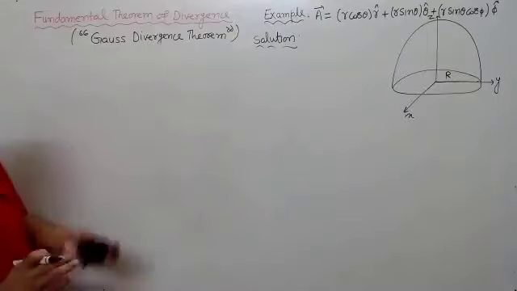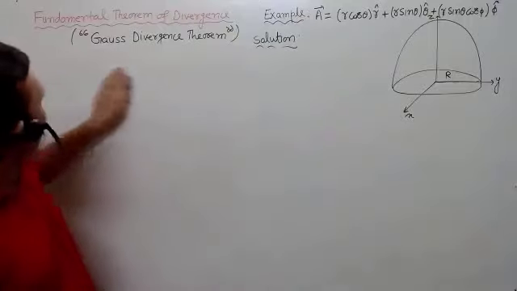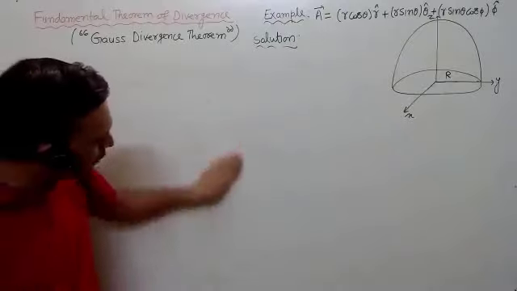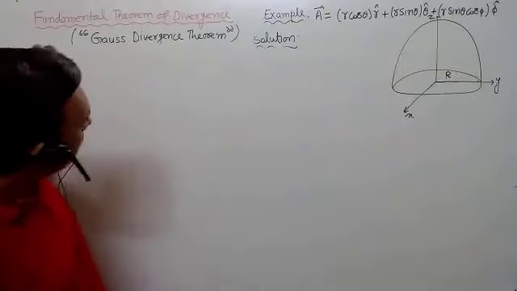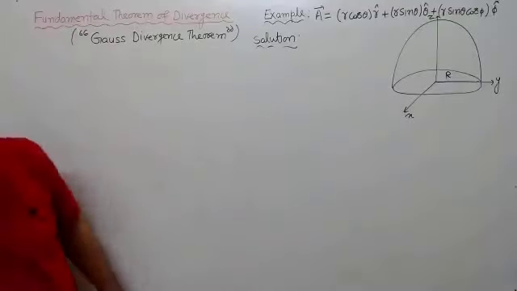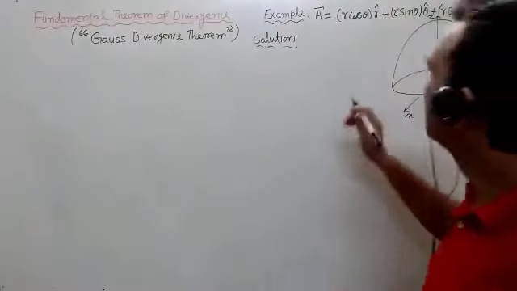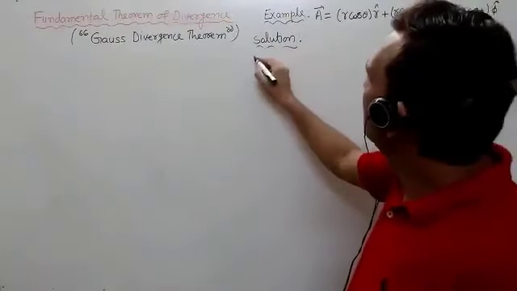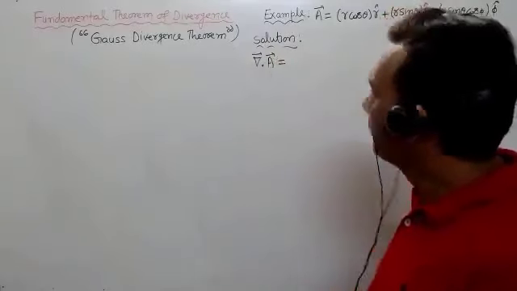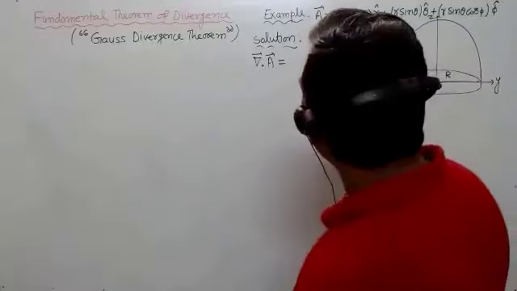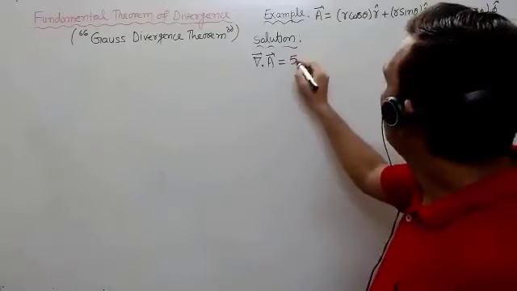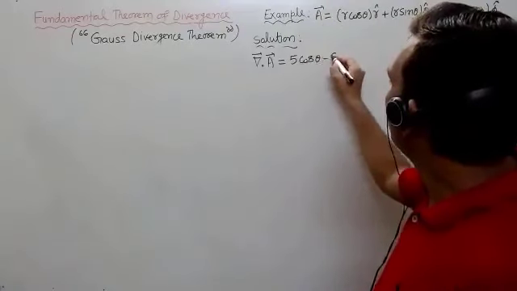You know A r, A theta and A phi, just substitute, you will get the divergence of A. You know how to calculate it. So what will be the divergence of A? I have already calculated it, you have to verify it. So this divergence of A will be 5 cos theta minus sin phi.